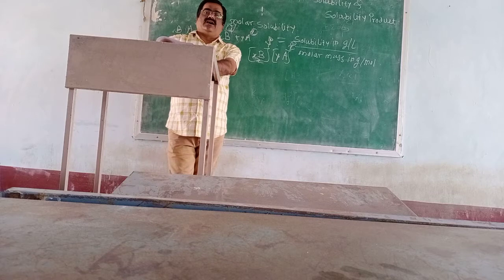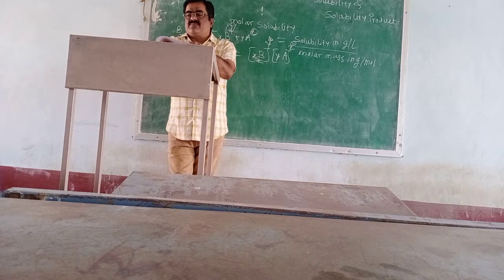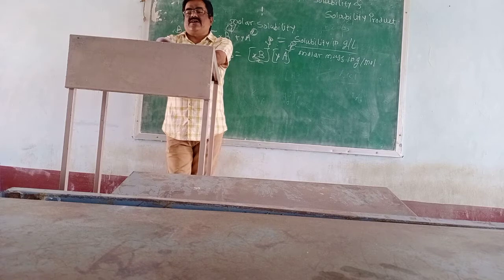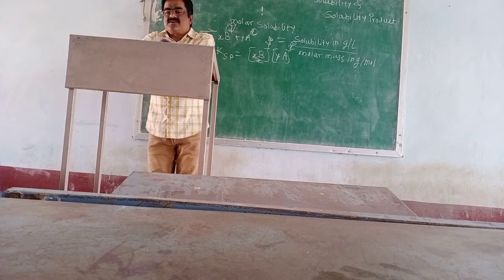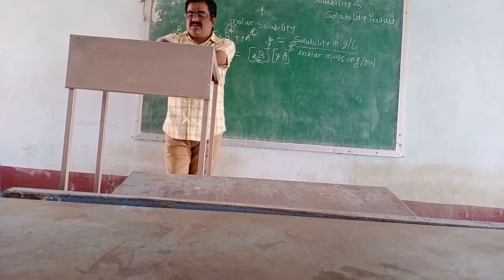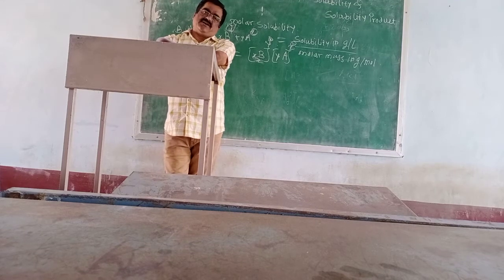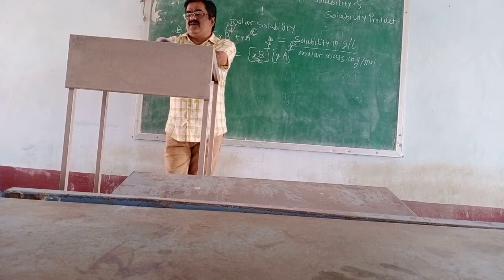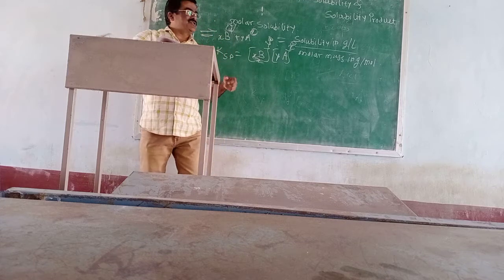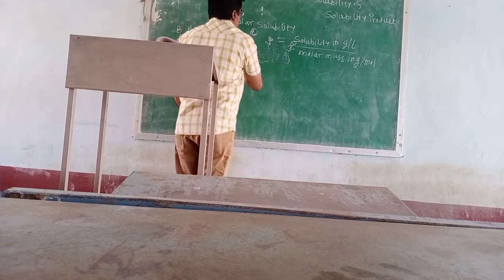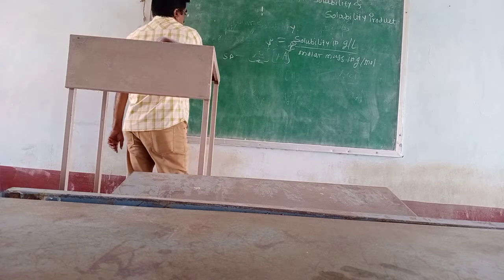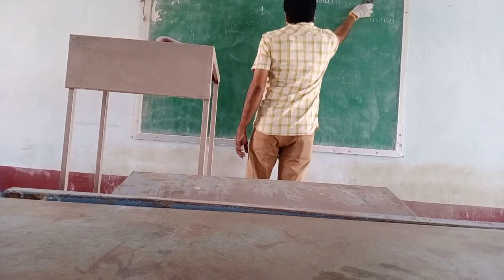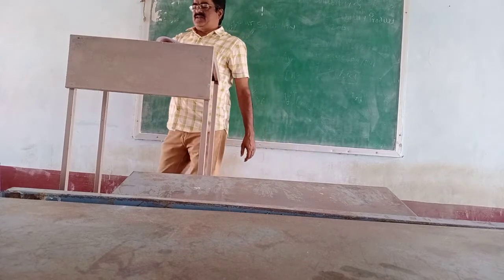Then the relation between the solubility and the solubility product is Ksp is equal to S into S, that is S square. हे इक्वेशन आपल्याला पाहायला मिळतं. देन व्हॉट आर द कंडिशन्स फॉर दिस solubility and the solubility product?